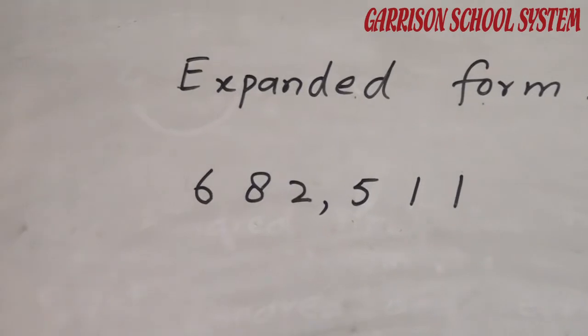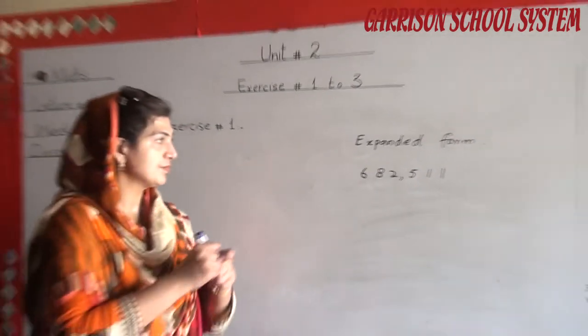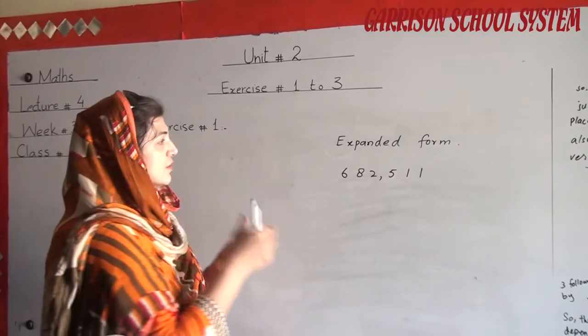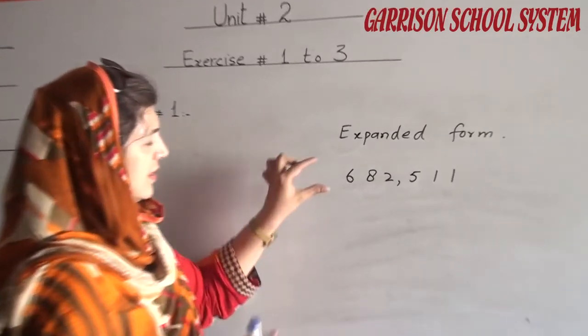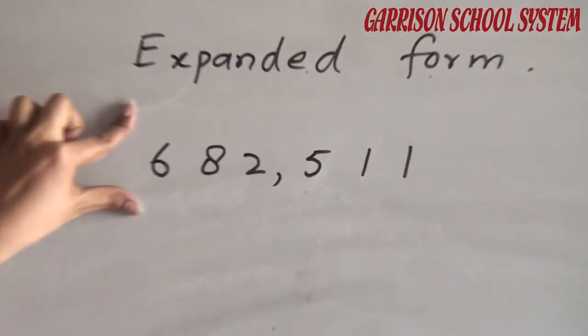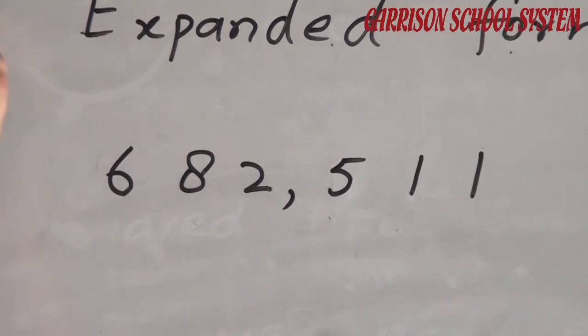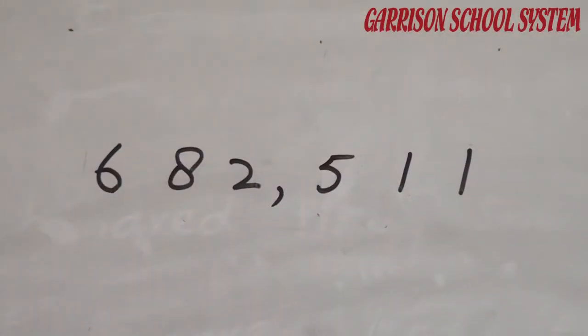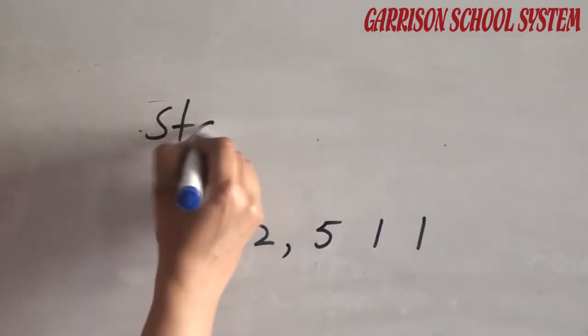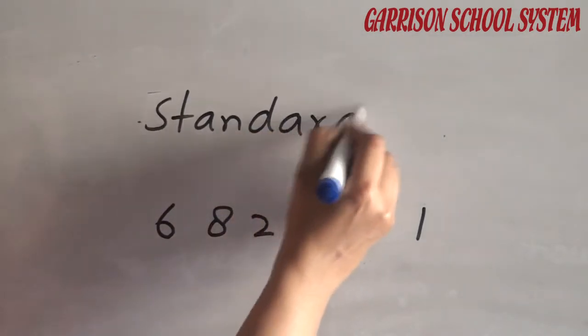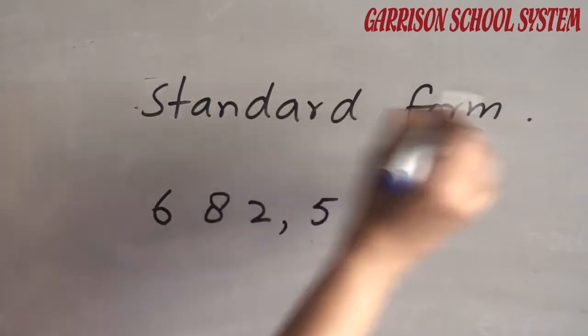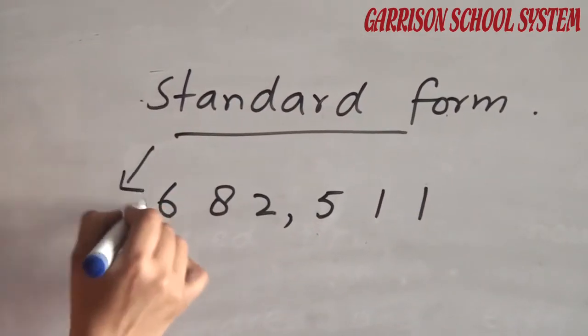This is the number given in the book. So we can write this number in the standard form. This is not the expanded form. Actually, it is the standard form.